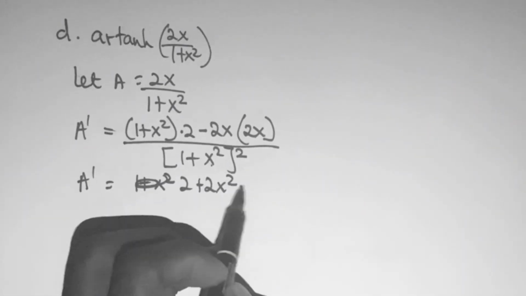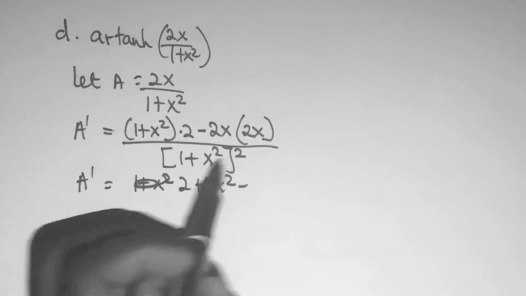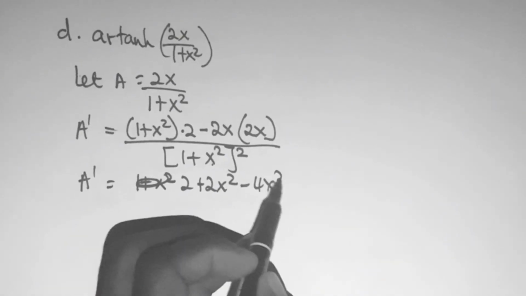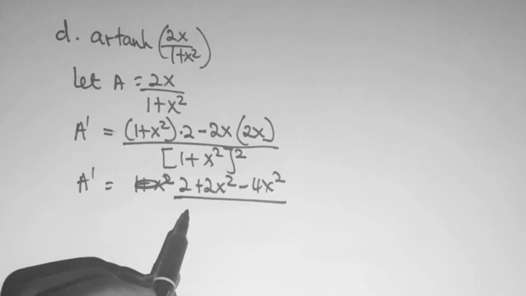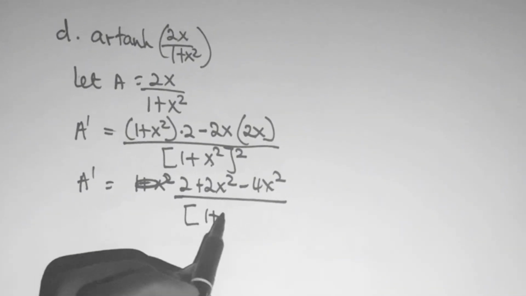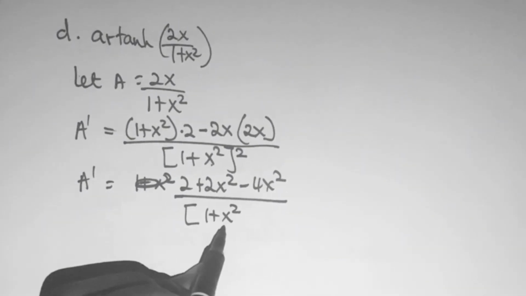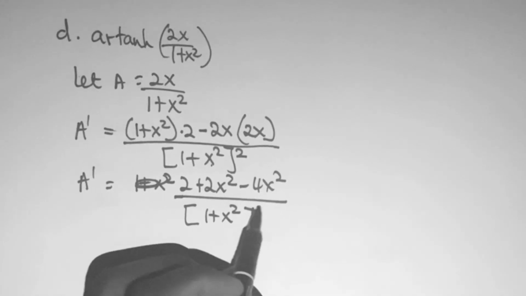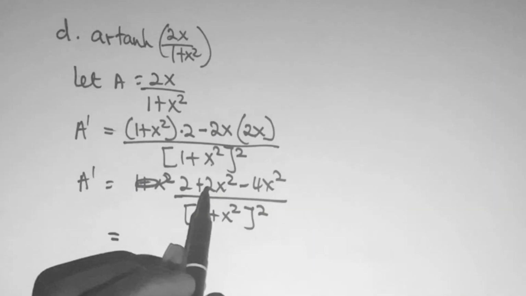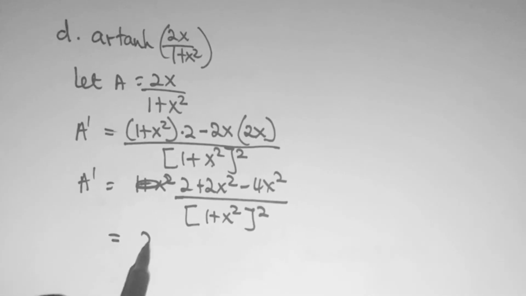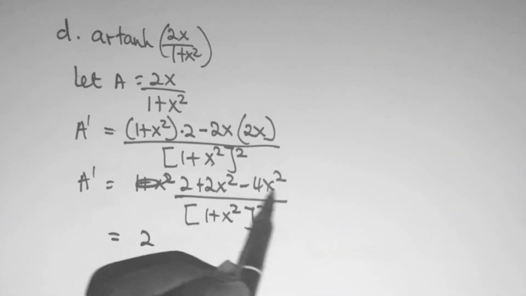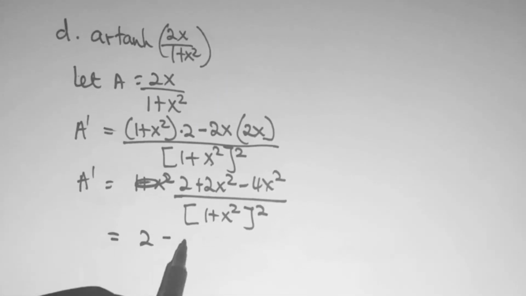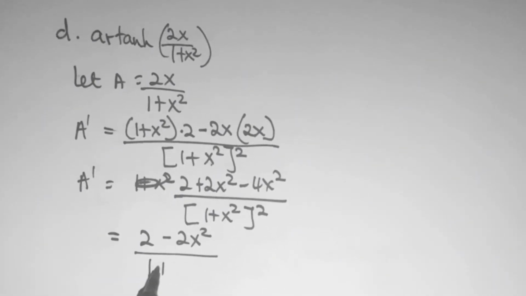Then minus 2x times 2x is 4x squared. All of that divided by, in bracket, 1 plus x squared all squared. So this is equal to 2, then 2x squared minus 4x squared becomes minus 2x squared, divided by 1 plus x squared all squared.